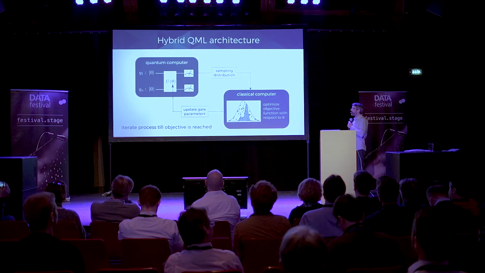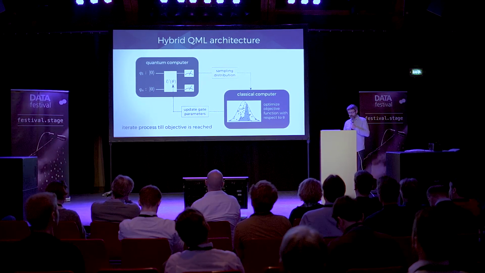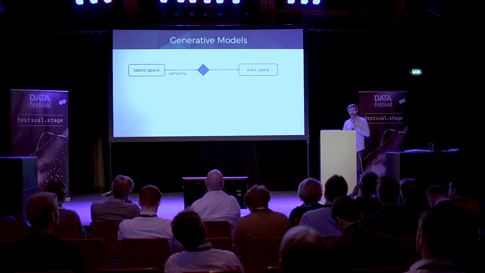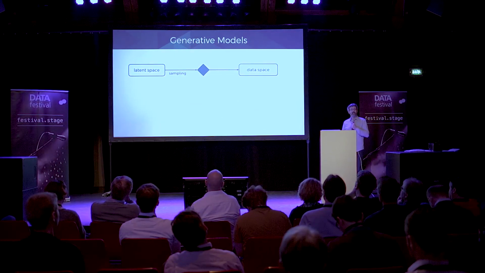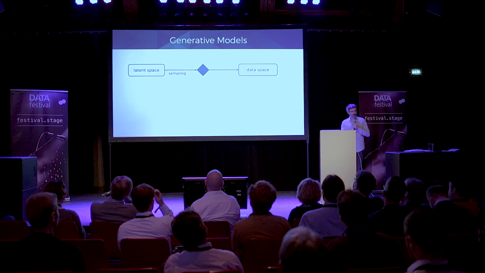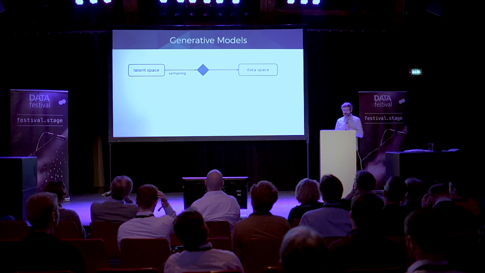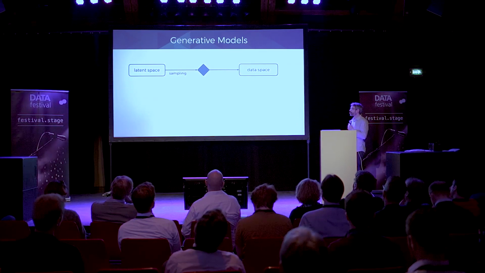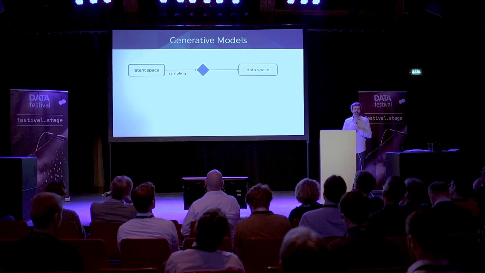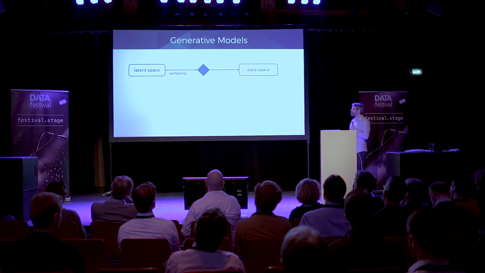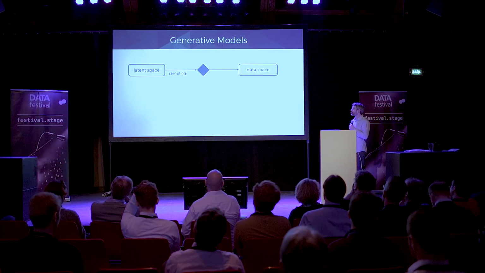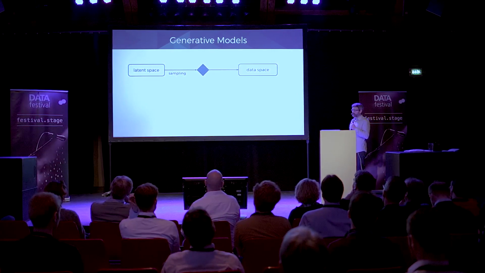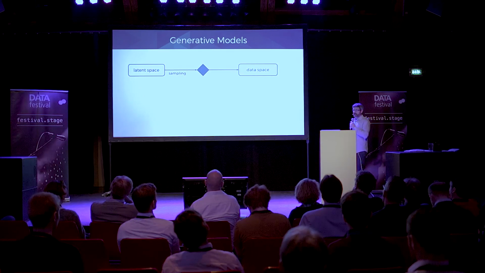And with this, we have then encoded all the probability distribution in the quantum computer and can use that as a generative model. We've just heard about these kinds of models in the previous talk. So that's the general structure where we just skip, so to say, the encoding side. We take just the latent space, we sample from it, run it through our function or a neural net or whatever, and get data back.